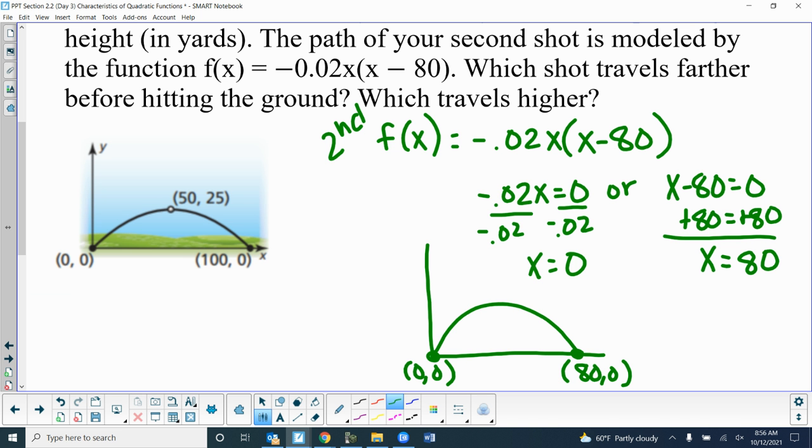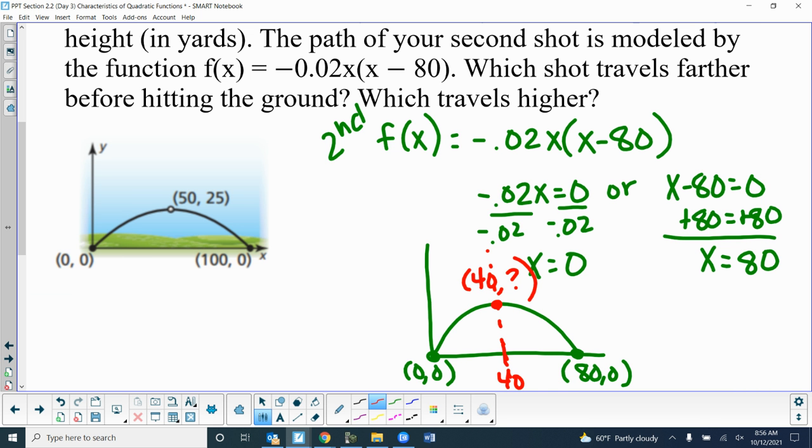Okay, so where's the axis of symmetry for this? At 40, right? Halfway between. So this point is 40 what?